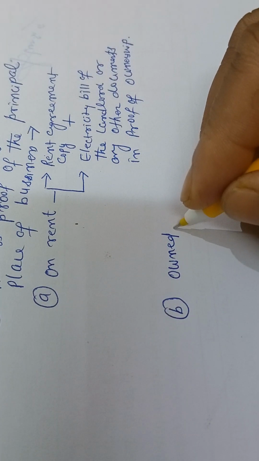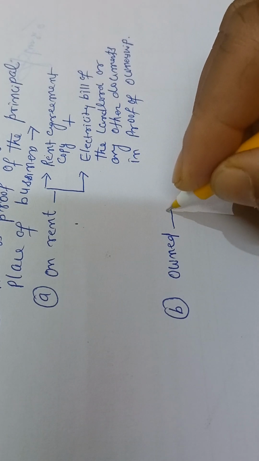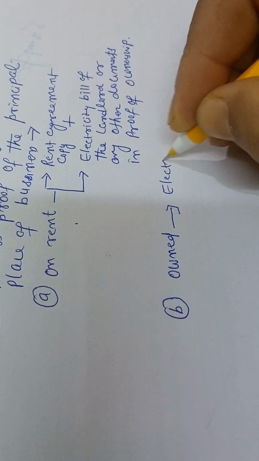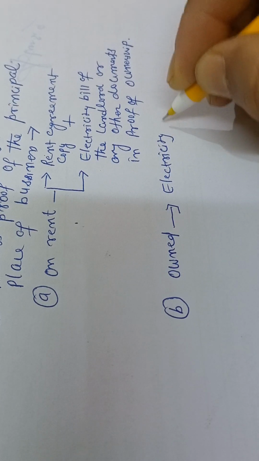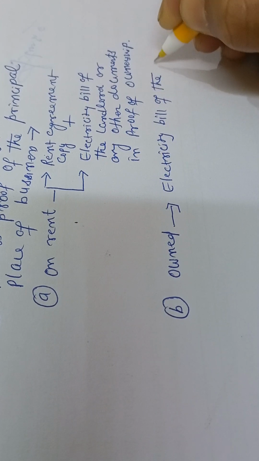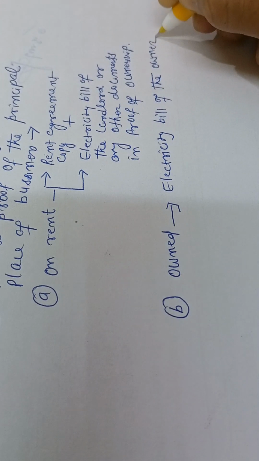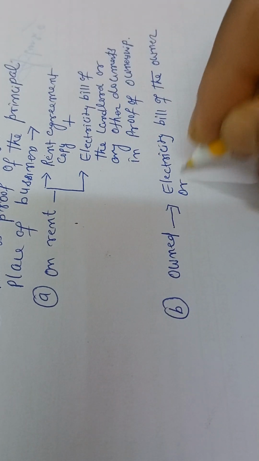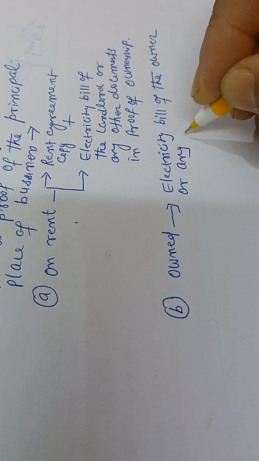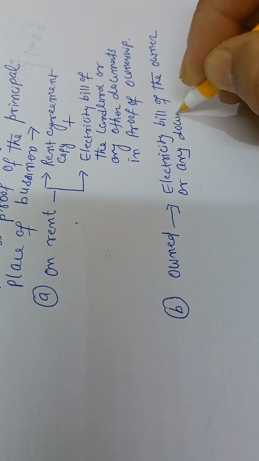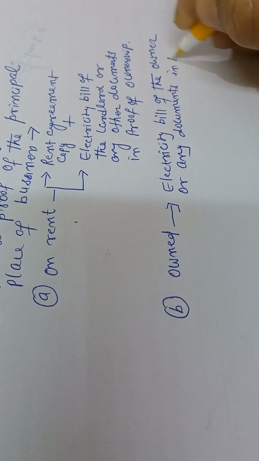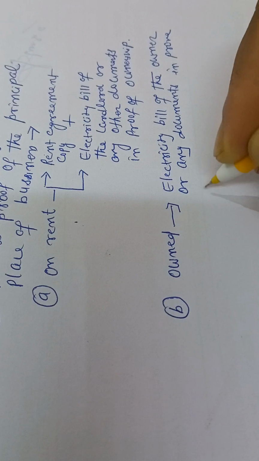In this case, the document which is required is electricity bill of the owner, or any documents in proof of ownership.